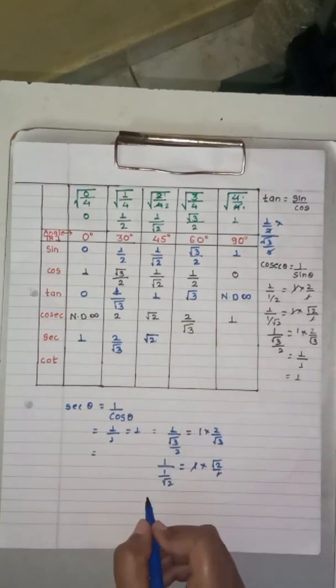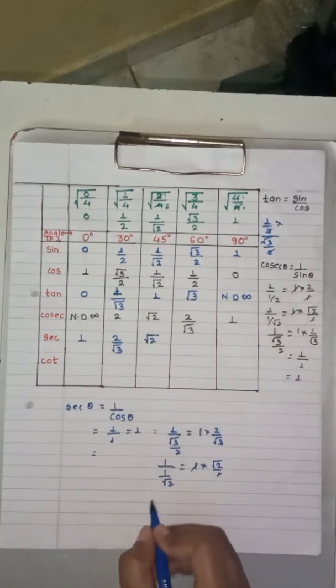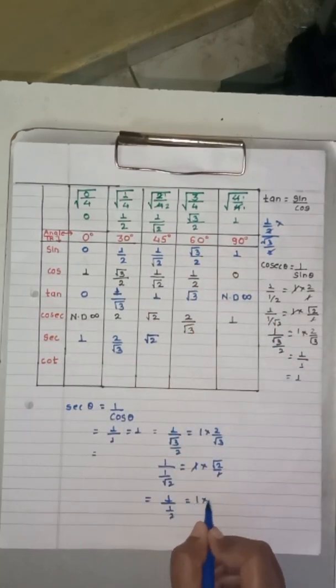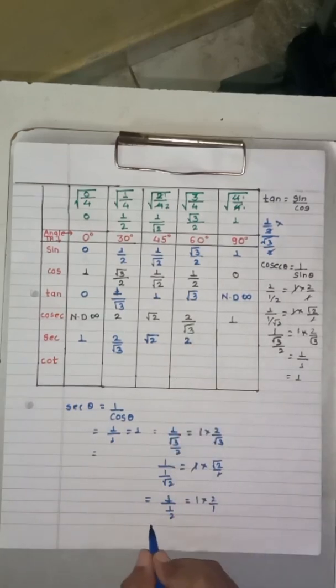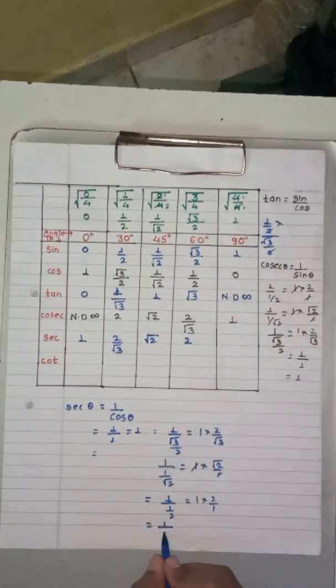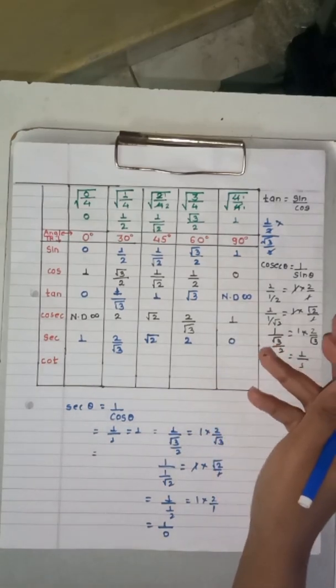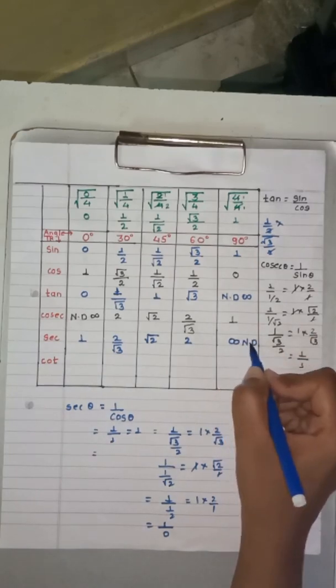Now sec 60 is also 1 upon cos 60. The value of cos 60 is 1 upon 2, so that will be 1 into 2 upon 1, that is 2. And sec 90: cos 90 is 0, 1 upon 0 is not defined. You can write here not defined or ND.